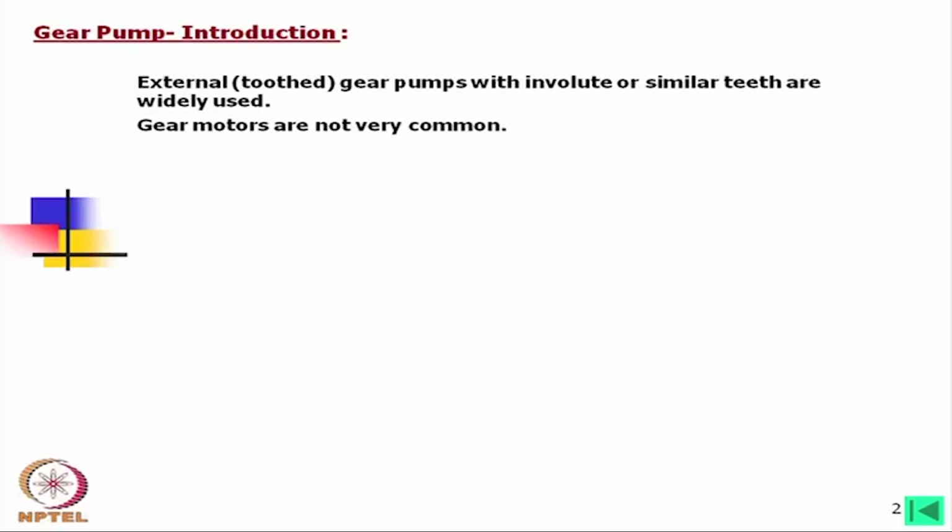Gear motors with different teeth such as orbit motor is very popular. However, the involute tooth gear motor is not that popular because it is not much beneficial to use such units for motor.